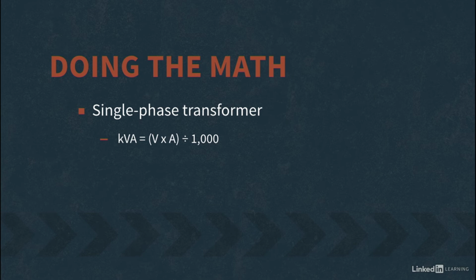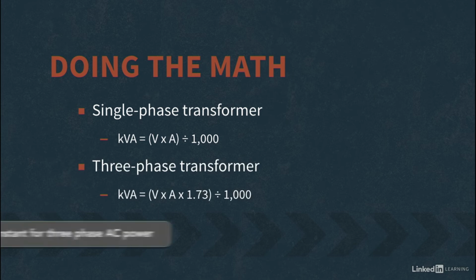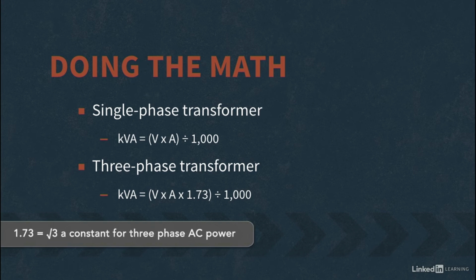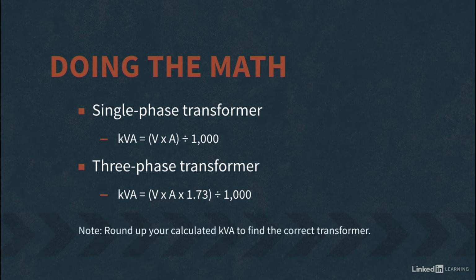To calculate the kVA rating of a three-phase transformer, use the formula kVA equals volts times amps times 1.73 divided by 1000. Remember, transformers are made in standard kVA sizes. So once you determine the kVA size that's needed, you have to round up to the next available nominal size.